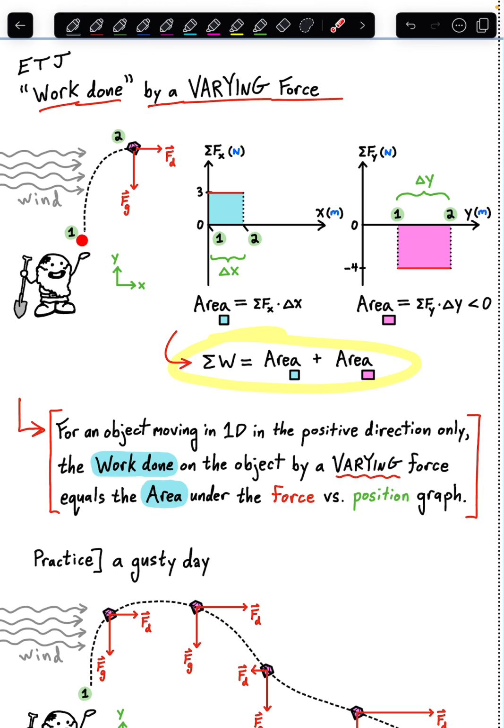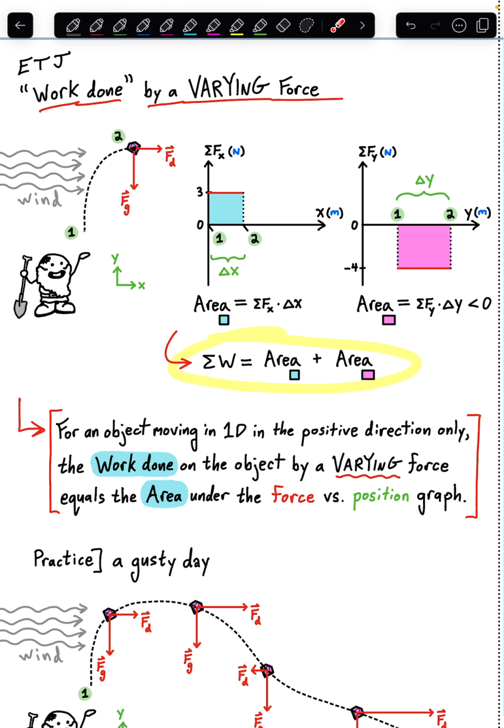So it moved from x coordinate x1 to x coordinate x2 over that time period. Then this cyan colored area of this rectangle would be the delta x, the length, times the width, 3 newtons. So that area is the net force x component times delta x.